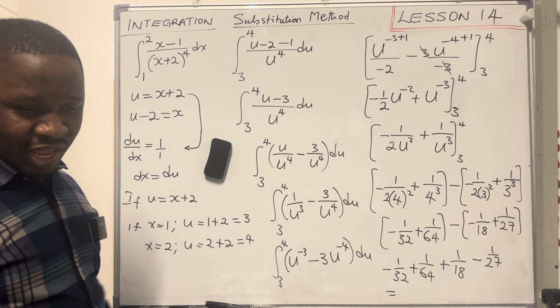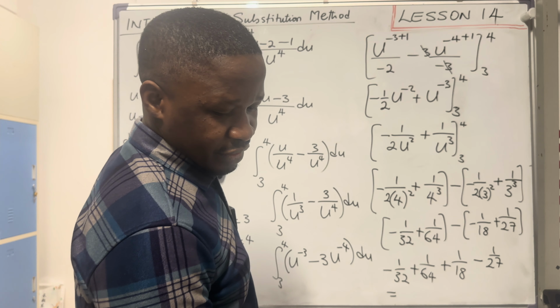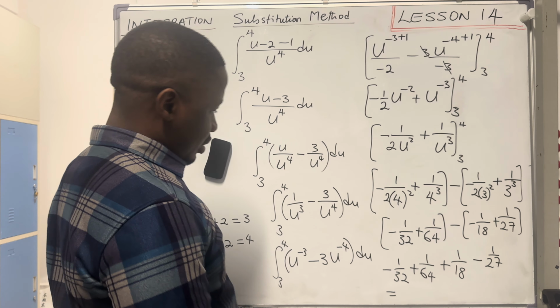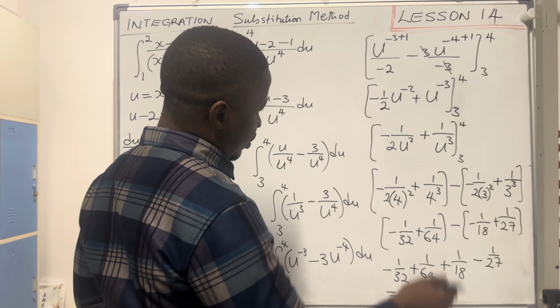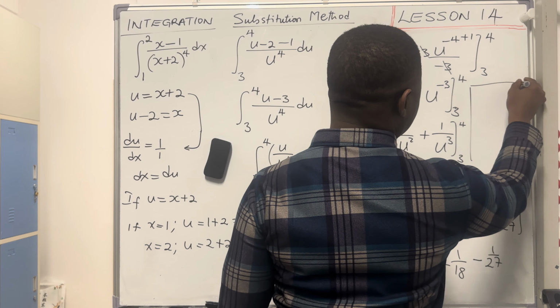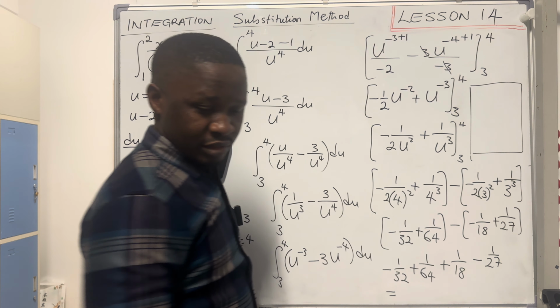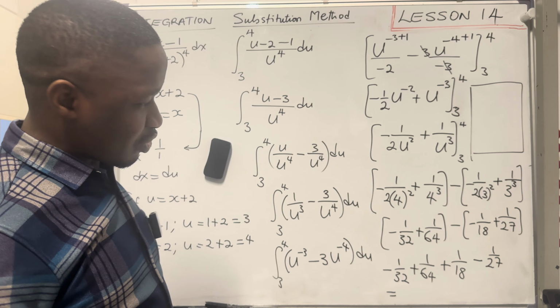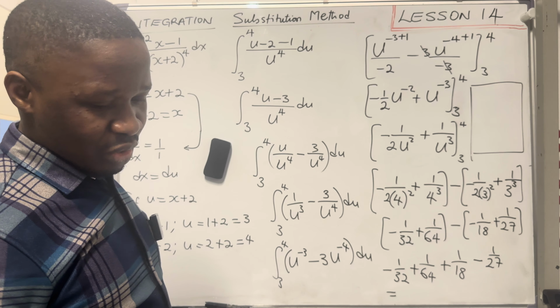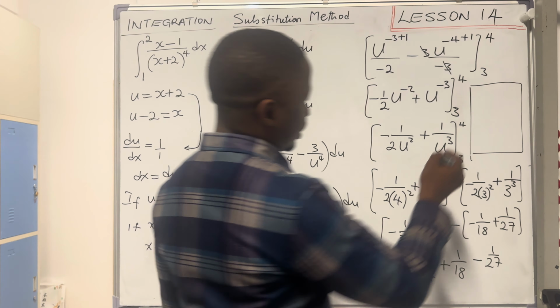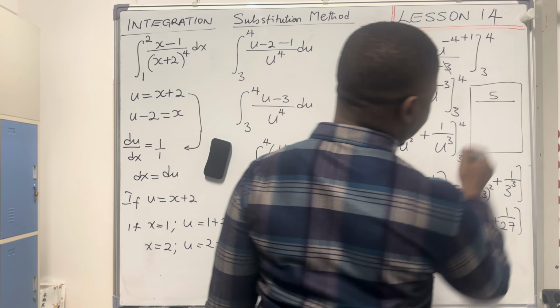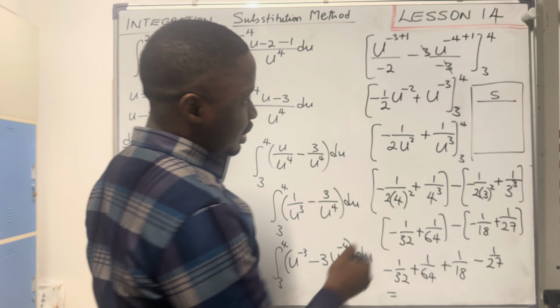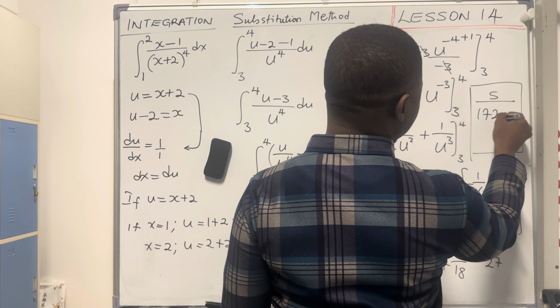Wow, so we have 5 over, okay, let me write it here, please. Minus 1 over 32 plus 1 over 64 plus 1 over 18 minus 1 over 27 is 5 over 1728.